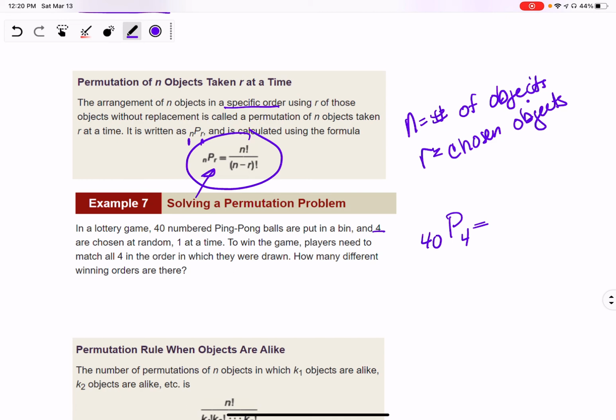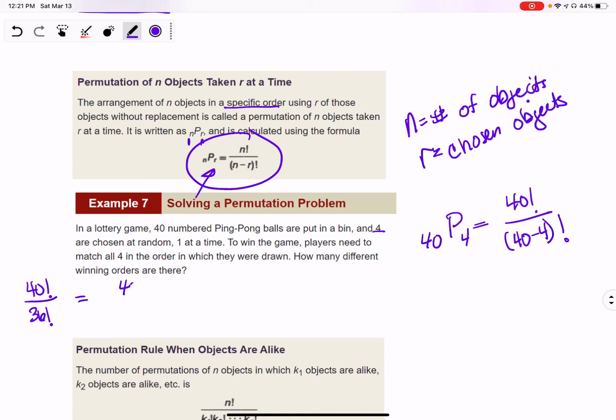All right. So now I'm going to plug those numbers in. In this case, I have 40 factorial over 40 minus 4 factorial. 40 minus 4 is 36 factorial.